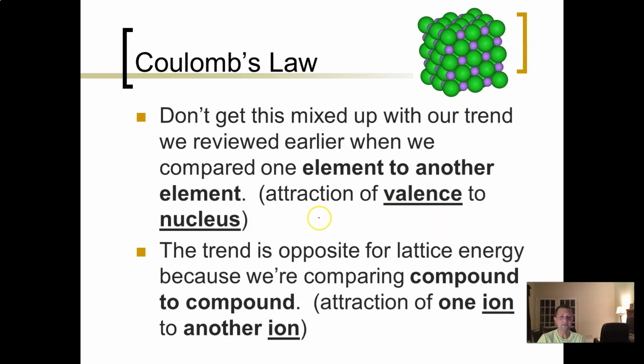Attraction of valence to nucleus. We had our priority list. You need to know that priority list for Coulomb's law when we talk about valence electrons to nucleus attraction, okay? When we talk about lattice energy, we focus on magnitude of charge first. We're looking at the attraction of one ion to another ion here. So again, there's 2 different priority lists for 2 different things.